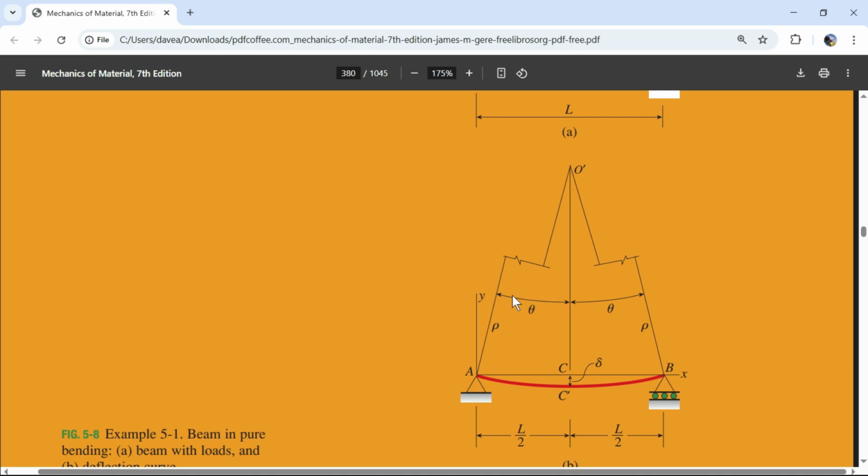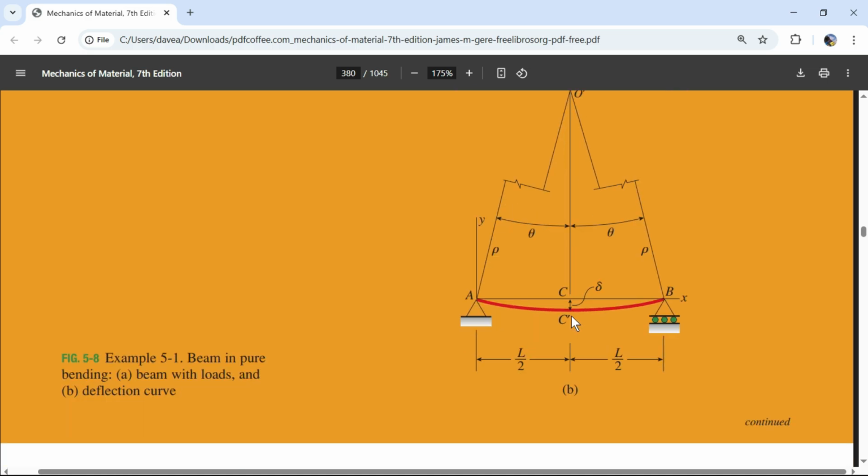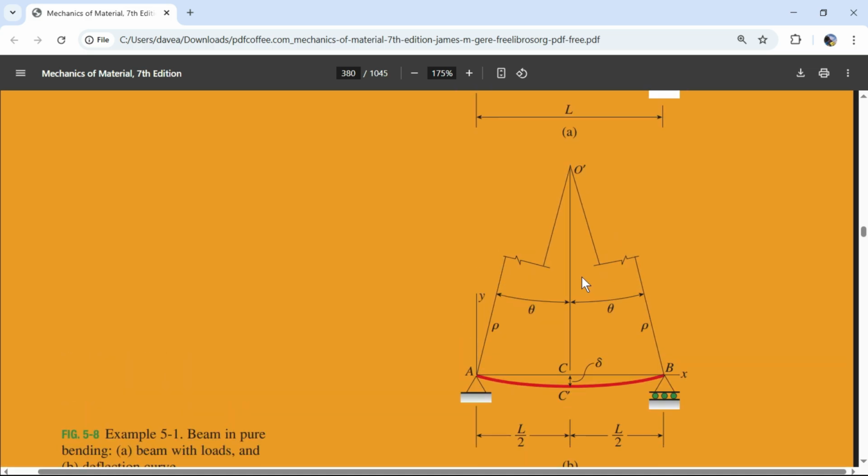Do we know our angle yet? I don't think we know our angle yet, but we at least have a right triangle. And with a right triangle, if you know two things, you know everything. So at some point we probably know our angle, because I probably know this total angle from the deflection.